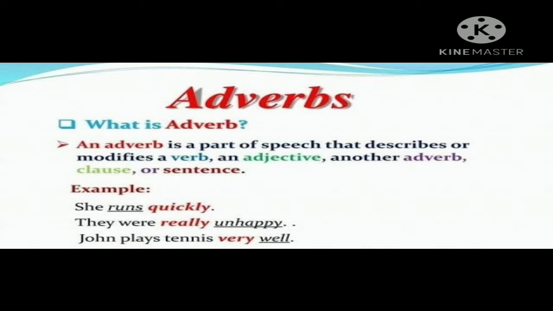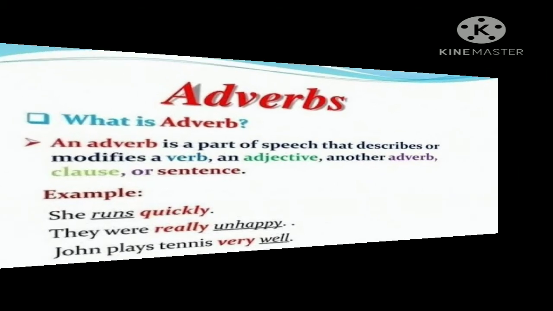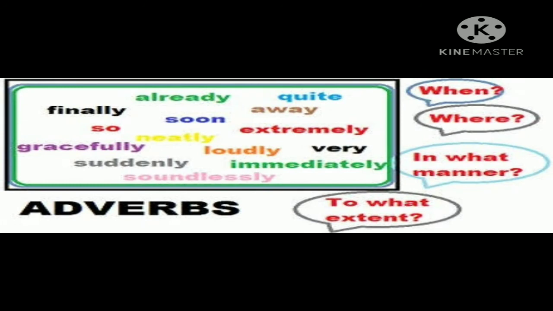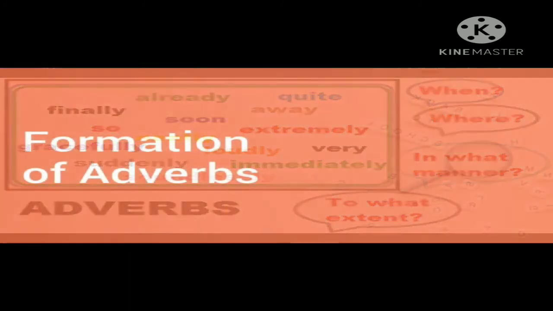So very is also an adverb. The words which describe another adverb are also called adverbs. More examples of adverbs are finally, already, quite, so, soon, away, extremely, gracefully, etc.